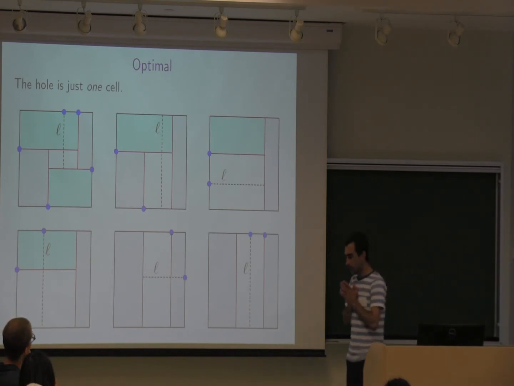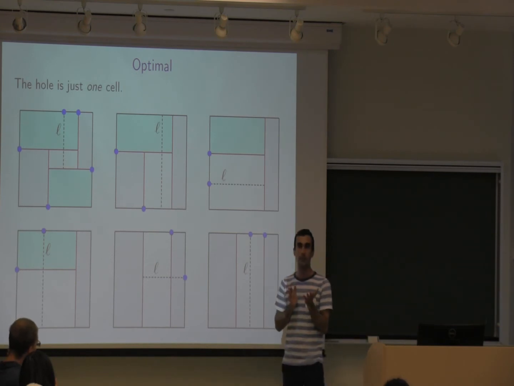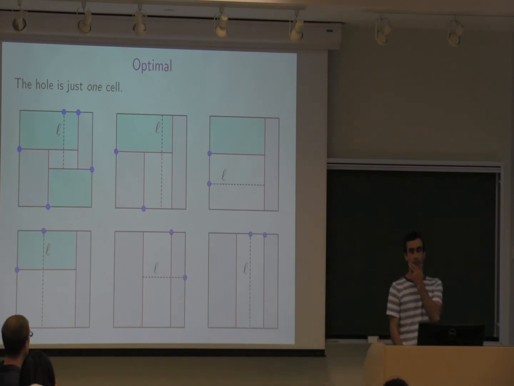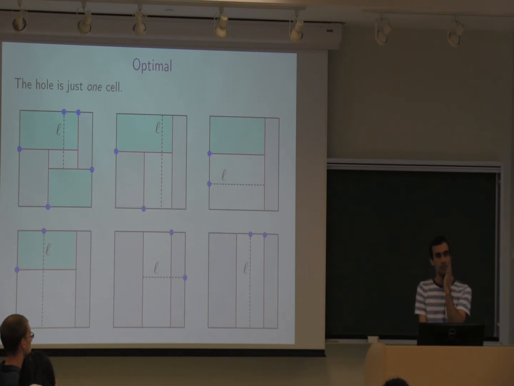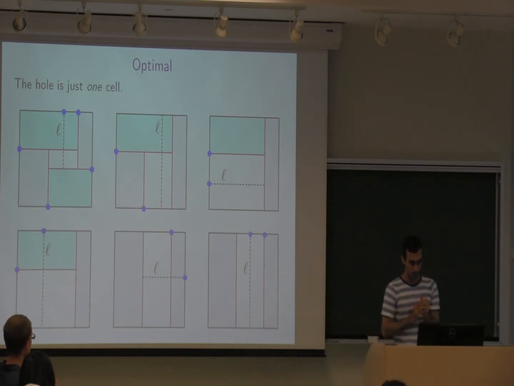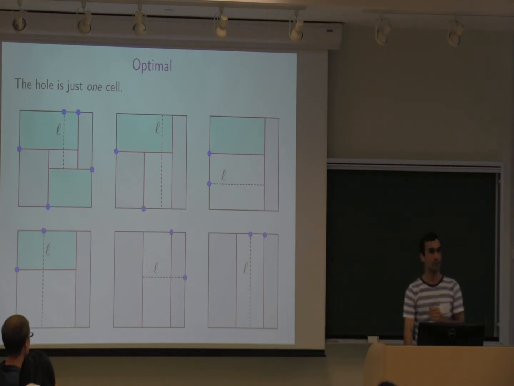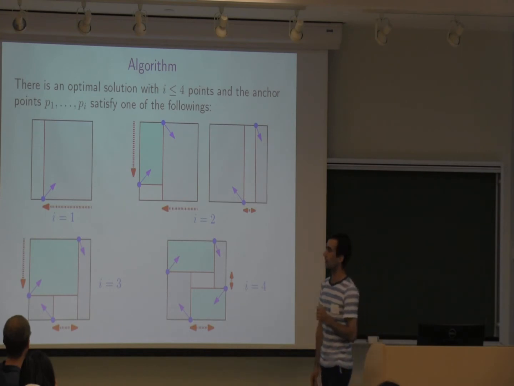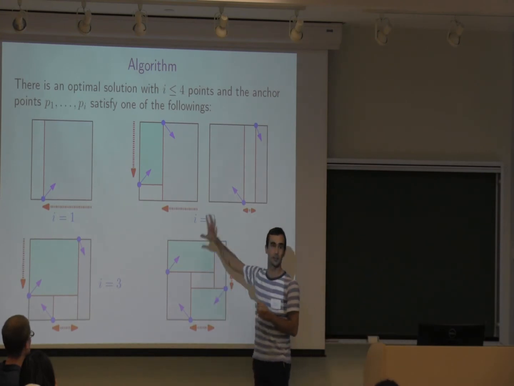So putting all of these together, the problem is basically looking at the grid and finding the smallest cell among these. That gives us a quadratic time algorithm at least. But with all of these properties that I showed you, we can now restrict ourselves to the ordering of points on the boundary of the square.